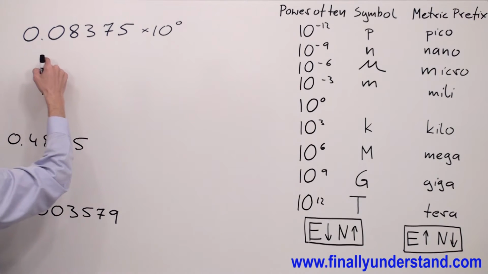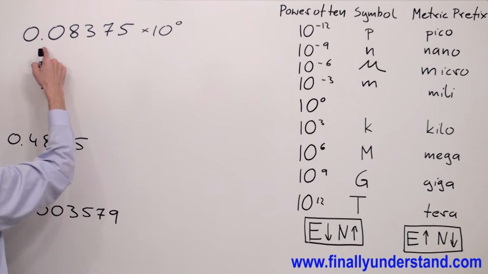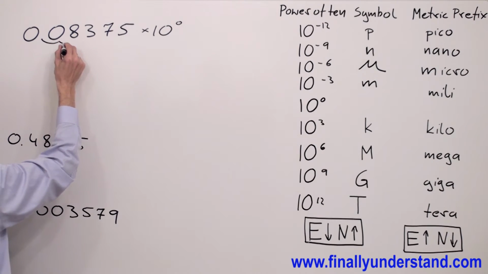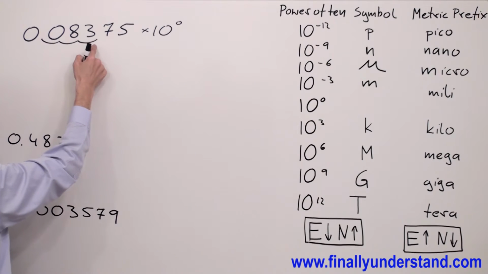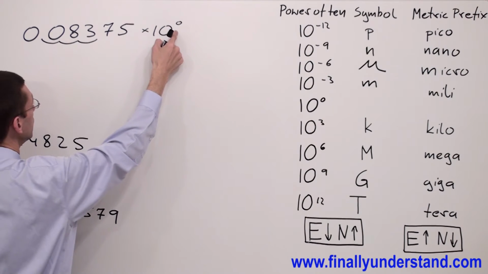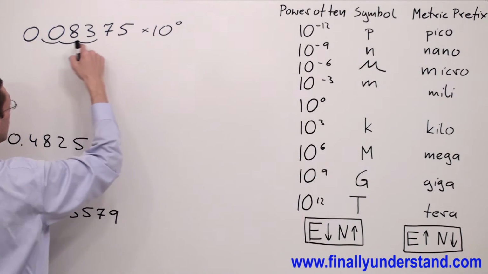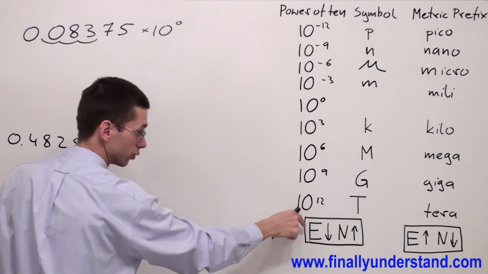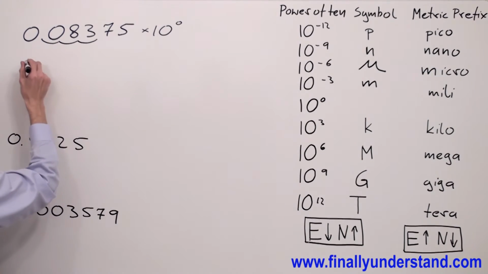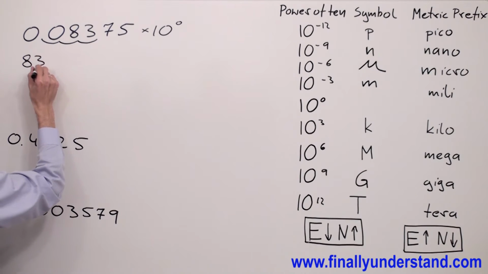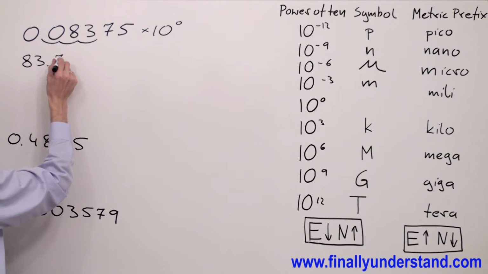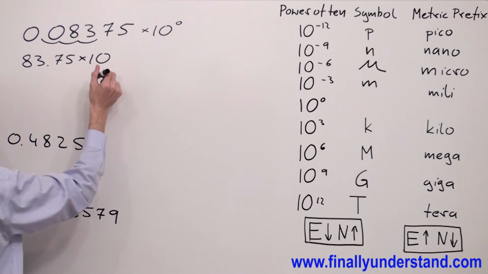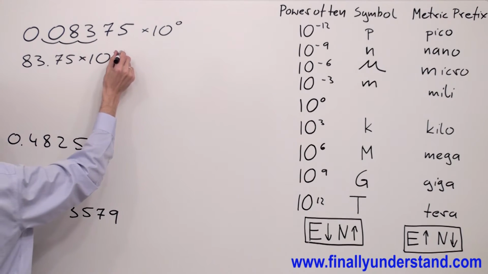So I have to make sure that the number is going to be bigger on the left side of the decimal point, and I have to move my decimal point 3 times. Why 3 times? Because exponent has to be multiple of 3. My number got bigger. Exponent has to get smaller. That's why I'm going to have over here 83.75 times 10 to the negative 3.